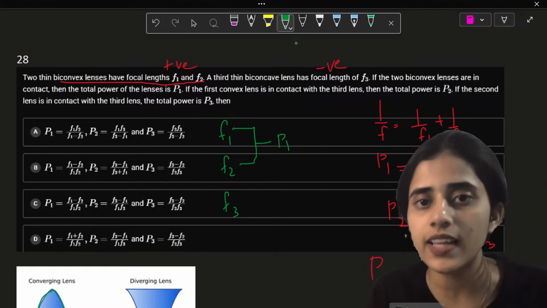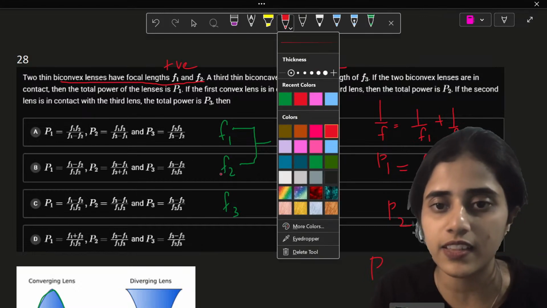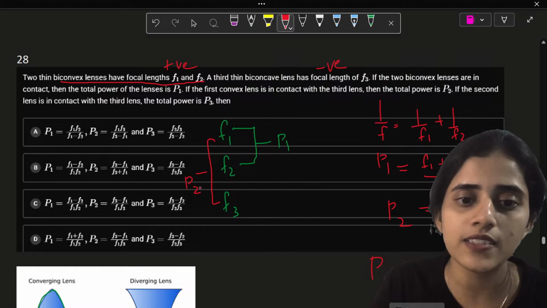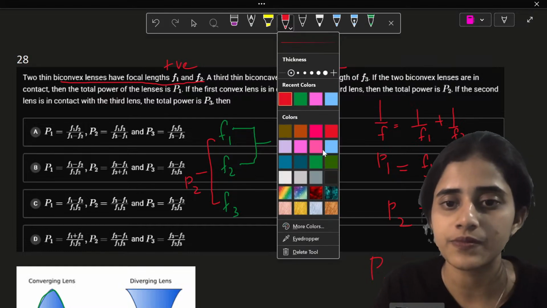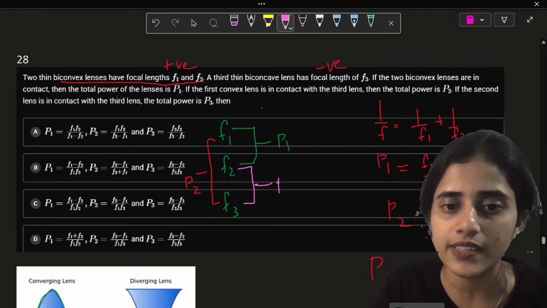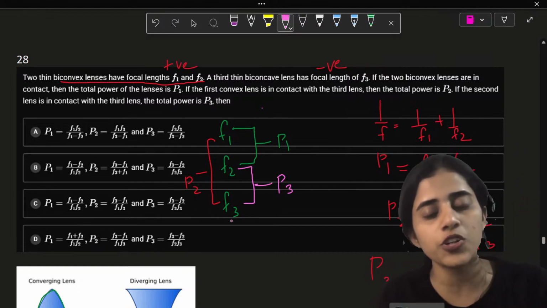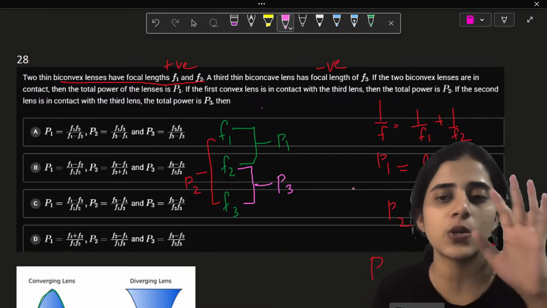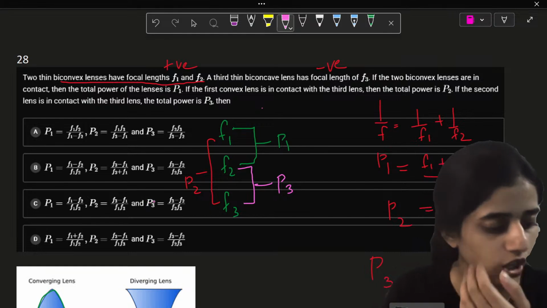If the first one and the third one are in contact, then the power is P2. These two are in contact, it is P2. Then if F2 and F3 are in contact, it is P3. Now, the only thing you need to know: F3 is negative, F1, F2 positive. So the formula is 1 by F is equal to 1 by F1 plus 1 by F2. Solve it.